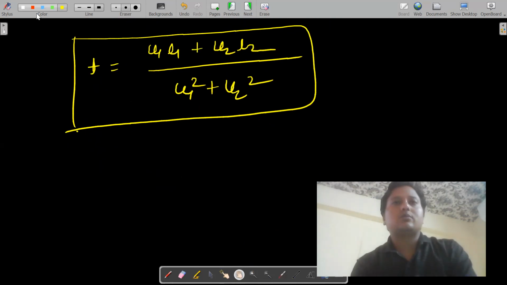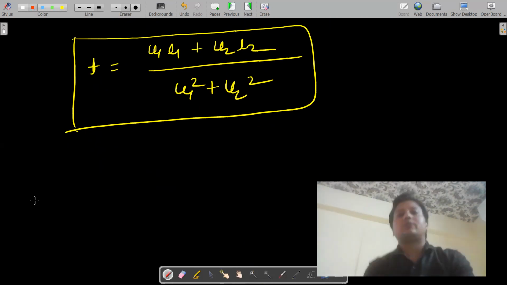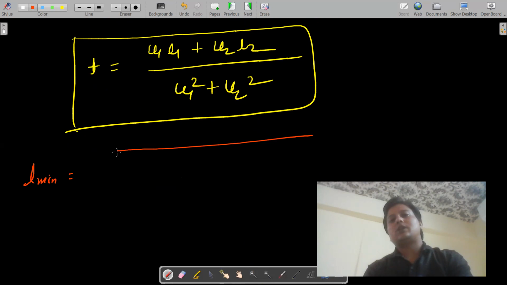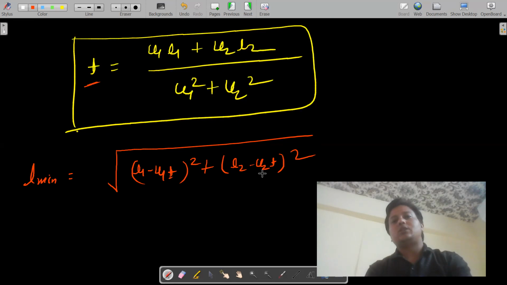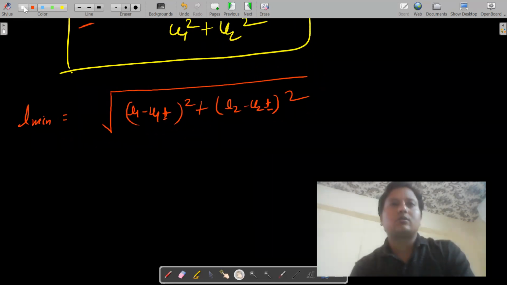If we have to calculate L minimum, we can calculate it easily because L is the square root of (L1 minus u1t) square plus (L2 minus u2t) square. So we can put the value of t here and here, and we can get the result.